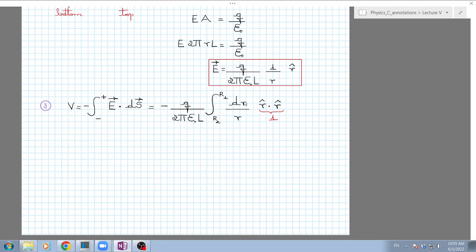We can solve this. We know this one is going to be the natural logarithm, right?